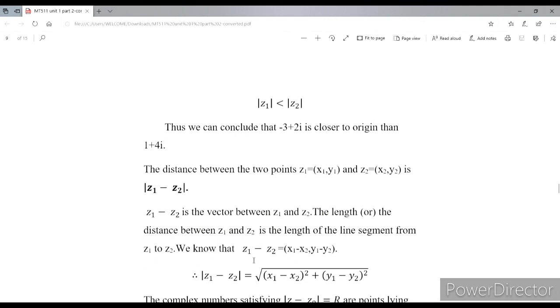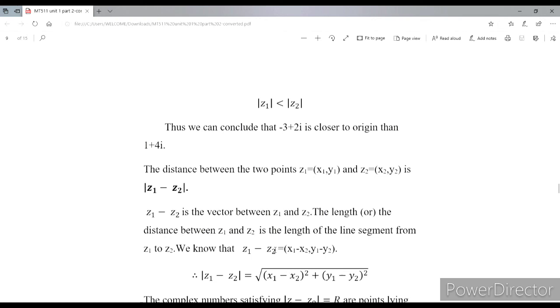We know that z1 minus z2 is (x1 minus x2, y1 minus y2). Therefore, modulus of z1 minus z2 equals the square root of real part squared, (x1 minus x2) whole squared, plus imaginary part squared, which is (y1 minus y2) whole squared.